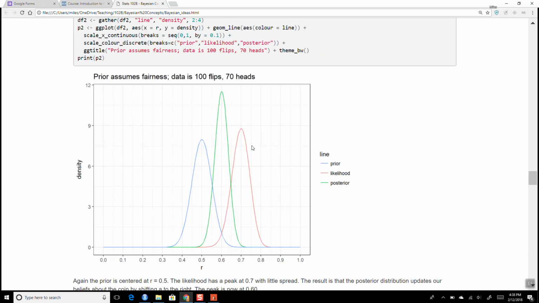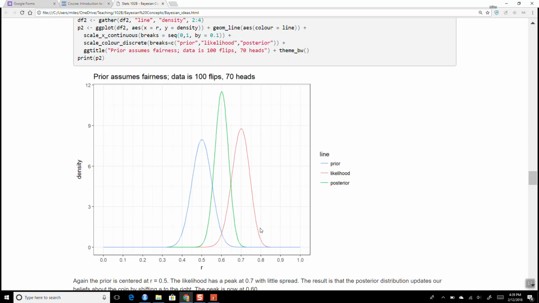So if I add those two together, it's as if I had seen 200 flips with 120 heads and 80 tails, and therefore my most likely scenario there is centered at 0.6, okay? And so when we merge these two together, we get something centered around 0.6. So that's what we have there.